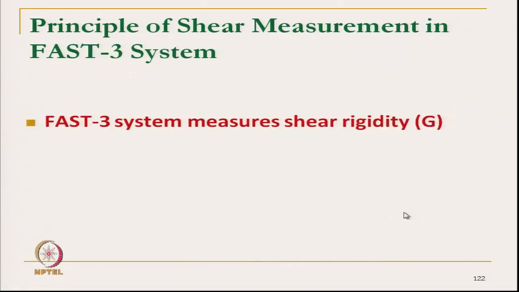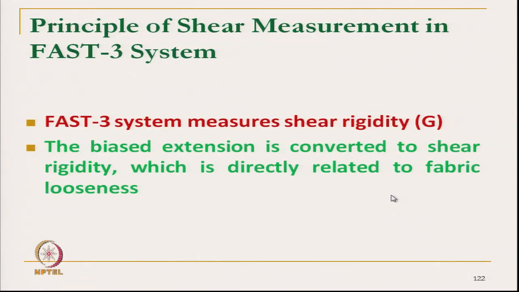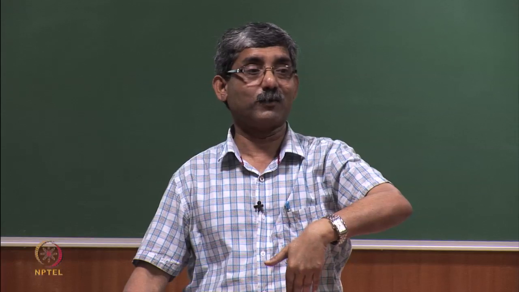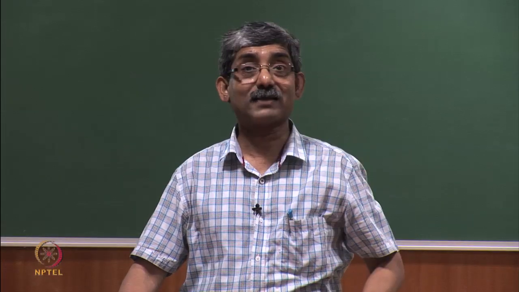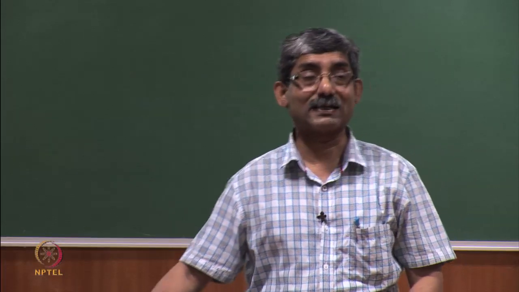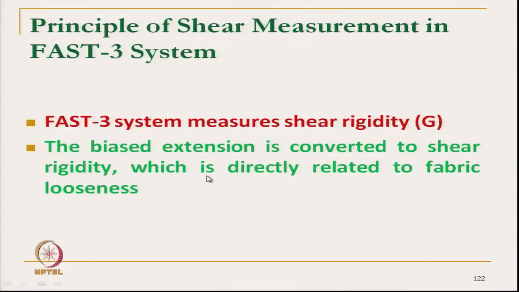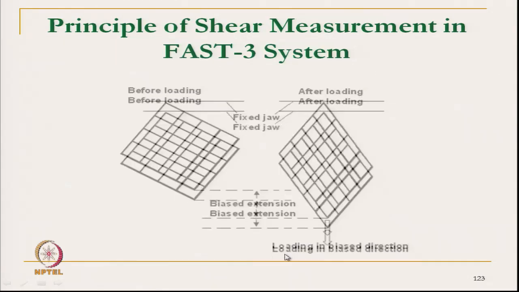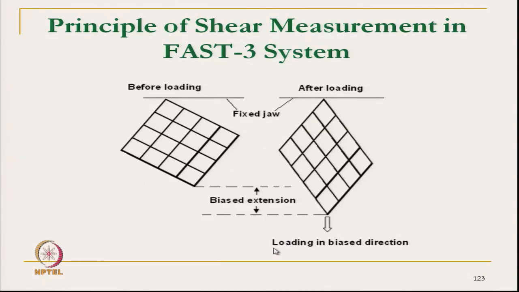But in the shear measurement, when we measure the shear rigidity, it is not aligned in either the warp or weft direction, it is aligned in the bias direction. The extension is called bias extension, and this bias extension at a certain load is converted in terms of shear rigidity. So, this is the type of arrangement.